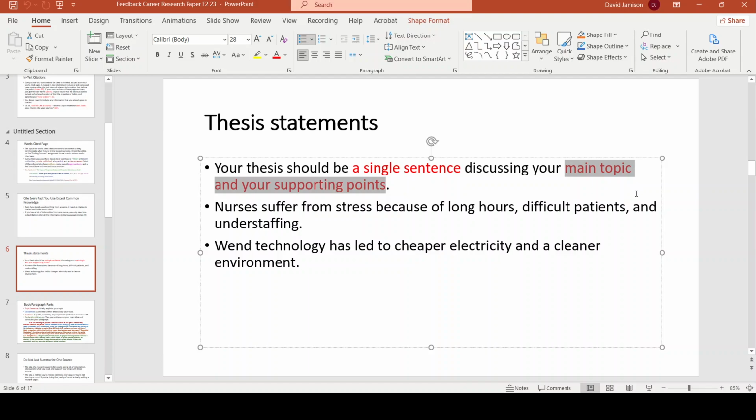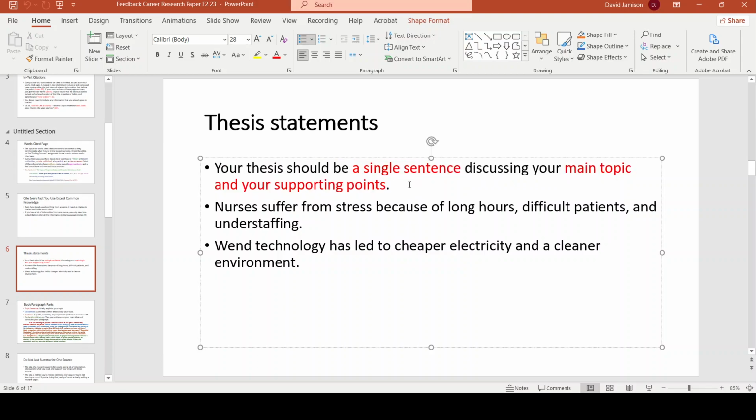That's more of an argumentative essay. For a research one, global warming is caused by carbon emissions and methane emissions, or something like that.